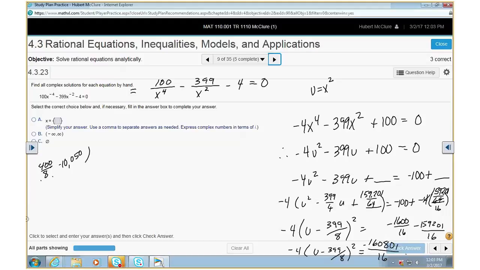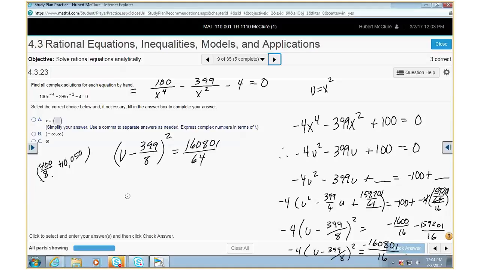That's your vertex. A negative times a negative would be a positive. Divide by 4 over 1, multiply by 1 over 4, which gives me 64 on the right hand side. So that's u minus 399 over 8 squared equals positive 16801 over 64.